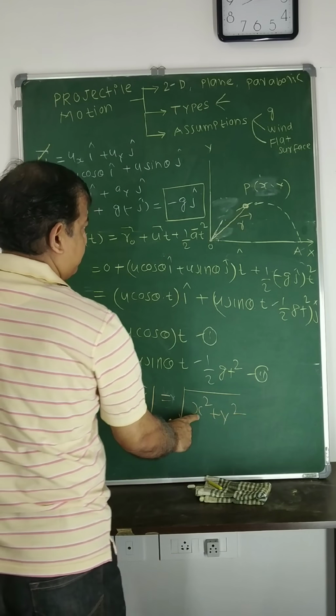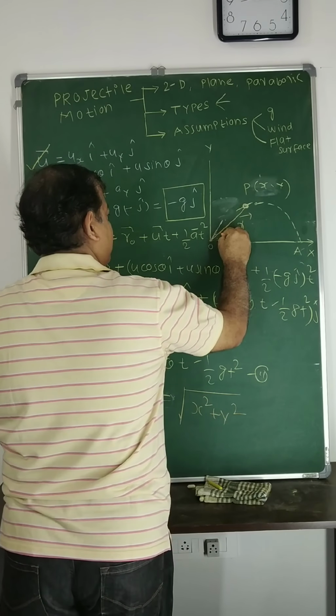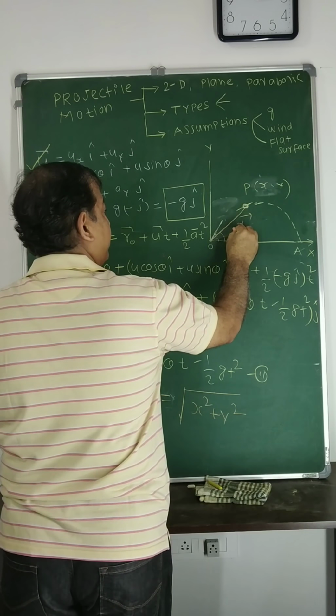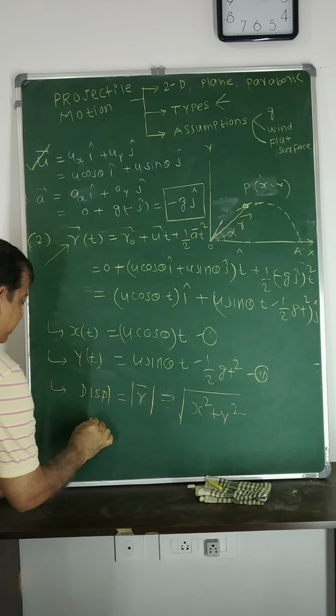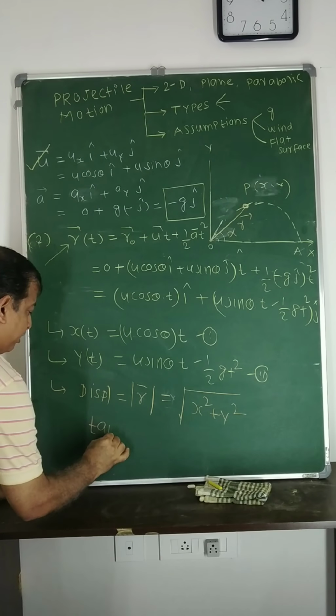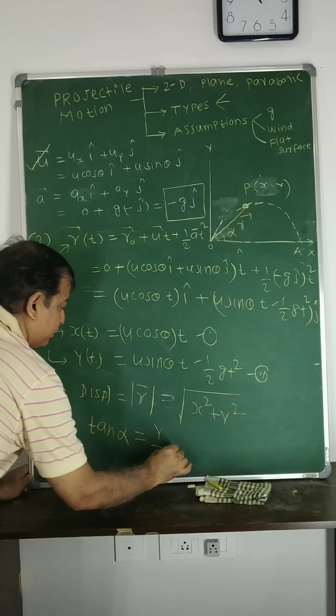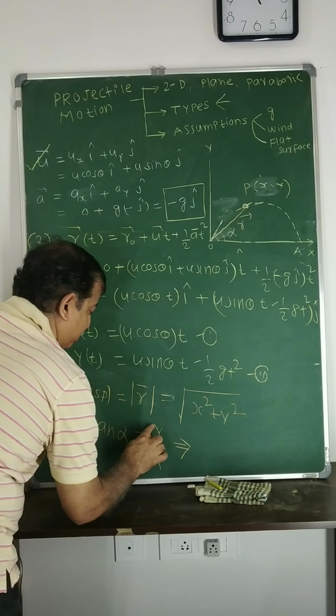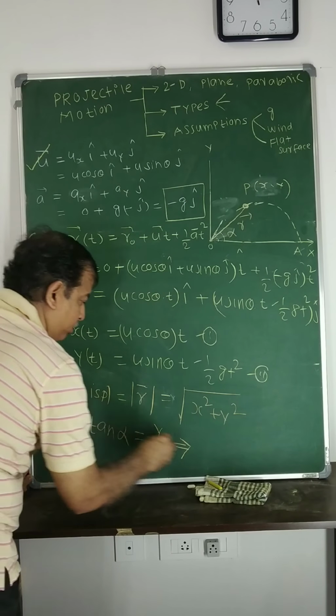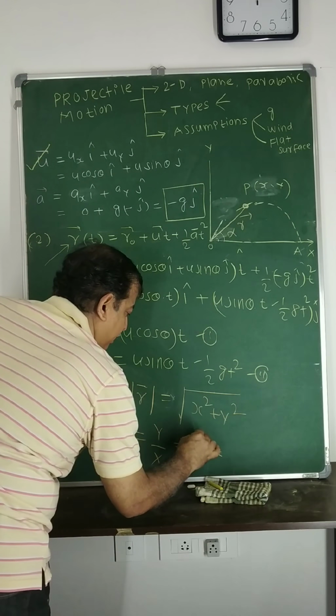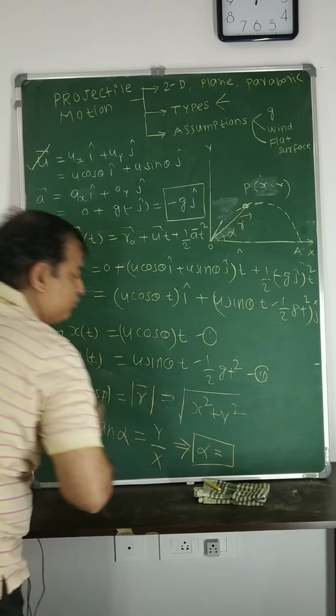Remember, this is the displacement vector. Again, somebody says, what is the direction of displacement? Let's say this angle is alpha, then the direction can also be calculated. Remember, tan alpha should be the y coordinate divided by the x coordinate. The y coordinate and x coordinate can be calculated from these two equations. So the end result is alpha can also be calculated.